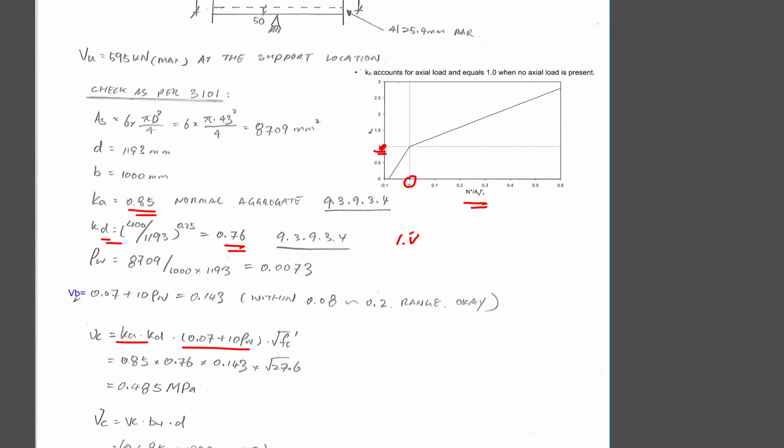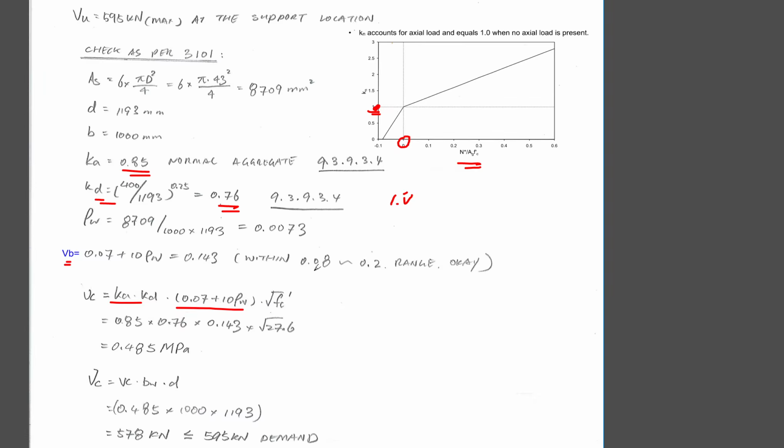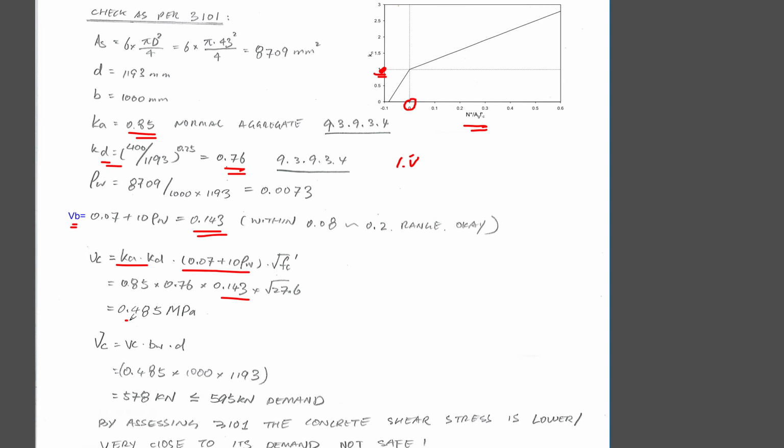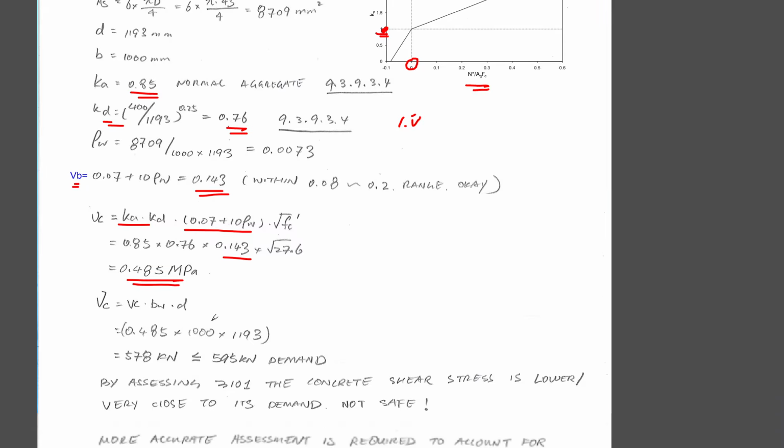Then we work out a Vb factor, which ranges between 0.08 and 0.2, and we get 0.143, which is within that range, so that is okay. We adopt that to calculate the shear stress contributing to concrete as 0.485 MPa.